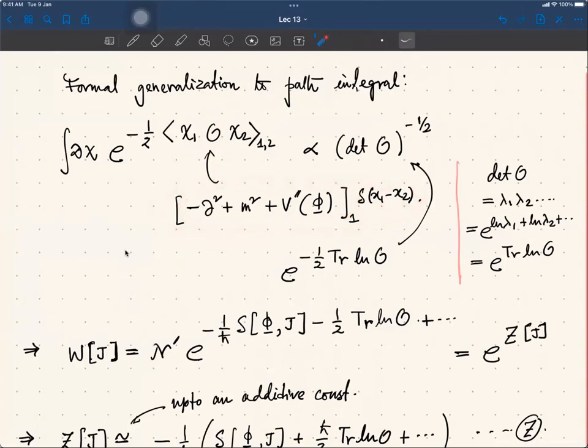Now, for this manipulation on the other page, I'm going to remove these from the notation, but view this as some general matrix operator, an operator which has two legs and can be a differential operator.